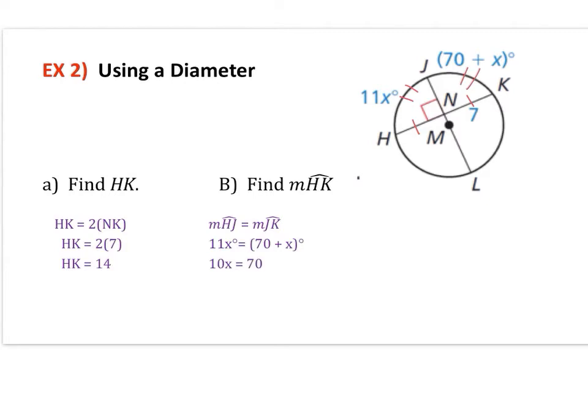Solve for x, and we get 10x equals 70. So we get that x equals 10. So now we can take that x equals 10 and substitute it in for our expression where we see 70 plus x, which is the measure of arc JK, getting us 77 degrees. So for finding the measure of arc HK, which is all the way around, then we want to double that 77.